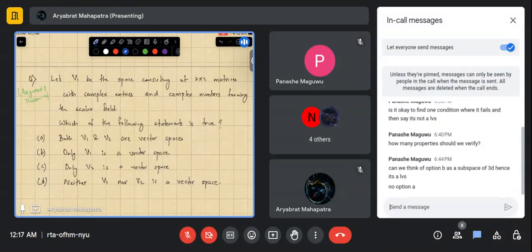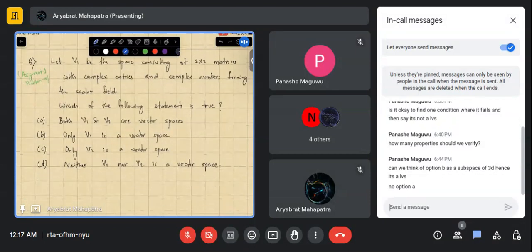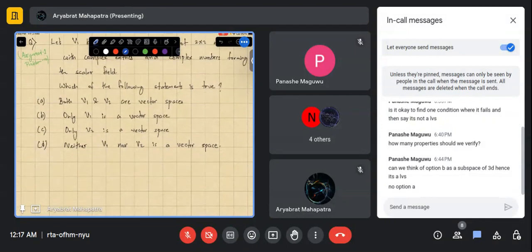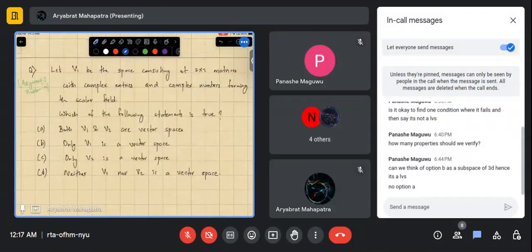Statement one says both V1 and V2 are vector spaces. In order to prove this, you have to check them in the same way once again. Let's take V1.